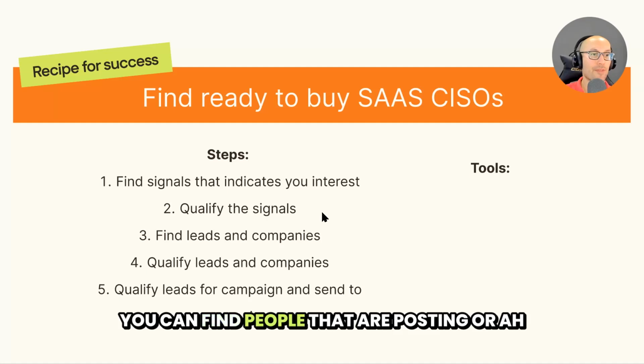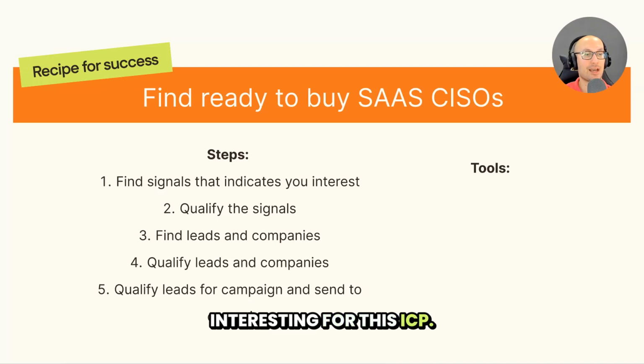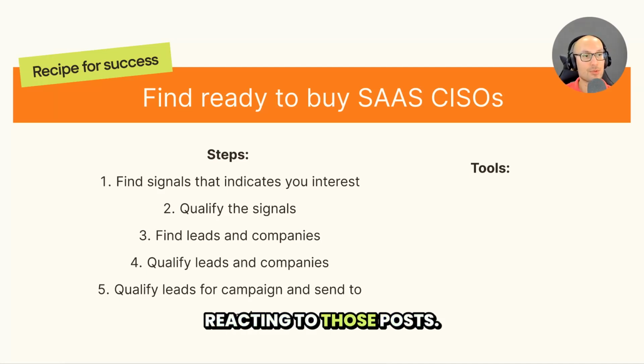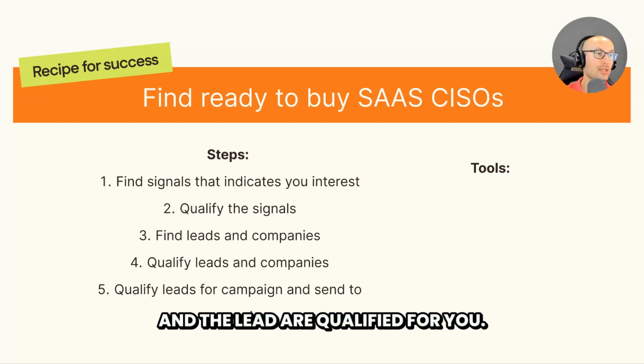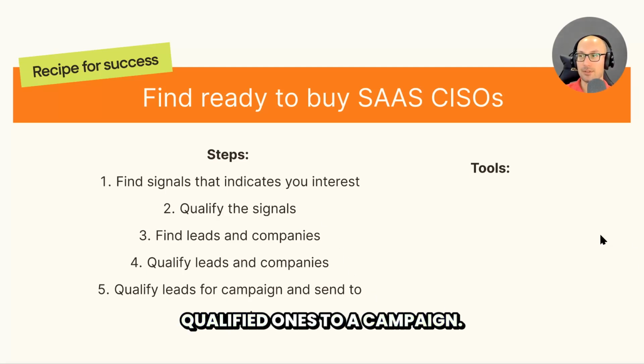You can find people that are posting or covering topics that are interesting for this ICP. Then you can scrape people that are reacting to those posts. You can qualify them, find if the company and the lead are qualified for you, and then based on that, you can send the qualified ones to a campaign.